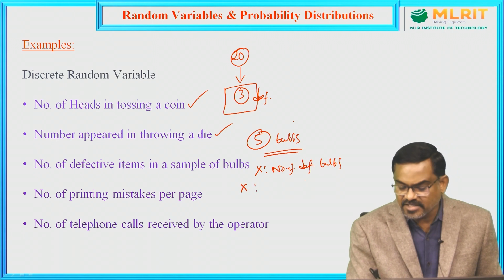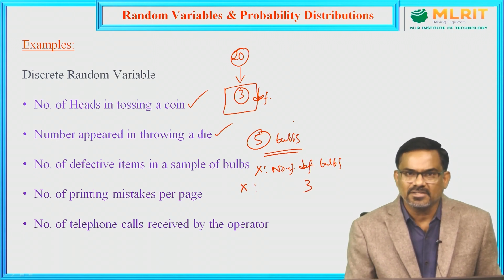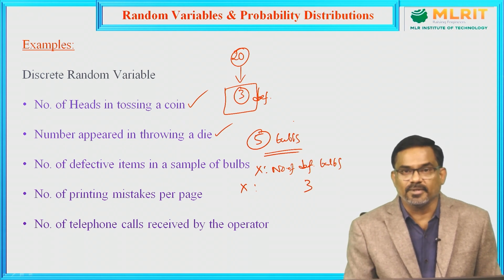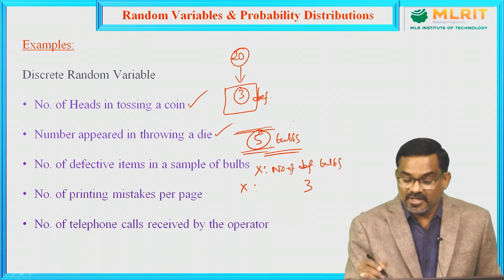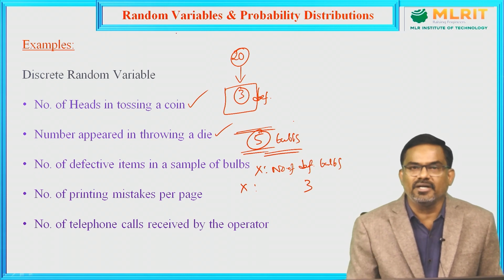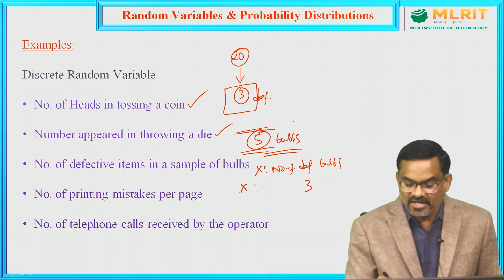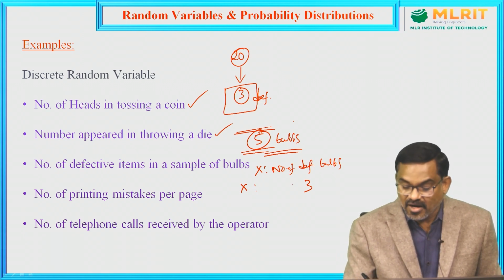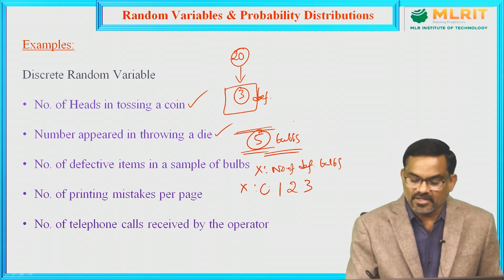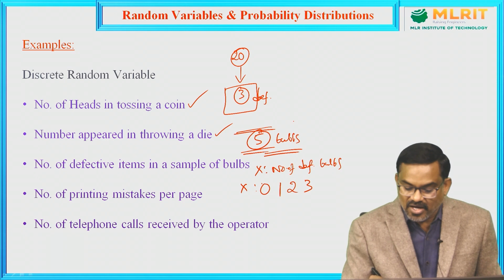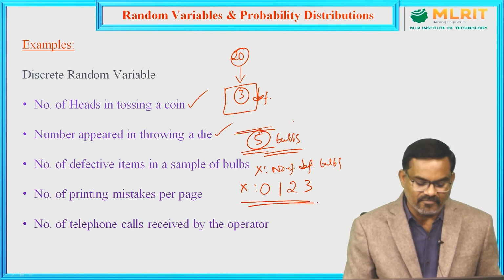So, X takes maximum 3. We cannot get 4 defective bulbs because there are only 3 defective bulbs. So, if we are selecting 5 bulbs randomly, there can be a maximum of 3 defective bulbs and the remaining 2 non-defective bulbs. So, X takes the maximum value 3, or we may get only 2 defective bulbs or 1 defective bulb or 0 defective bulbs. So, X takes a finite number of values. So, this is a discrete random variable.